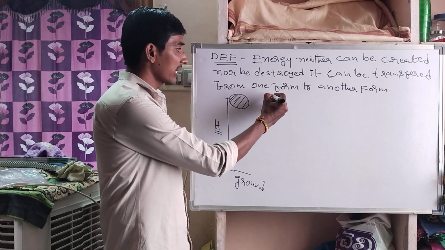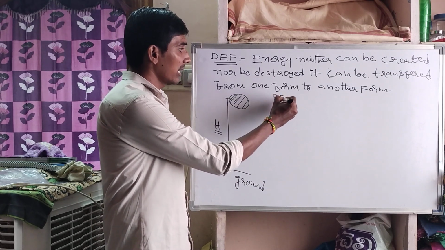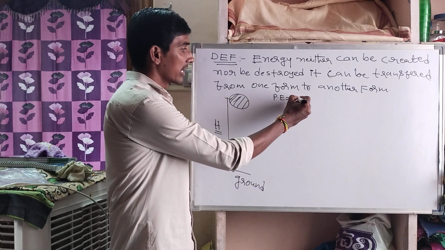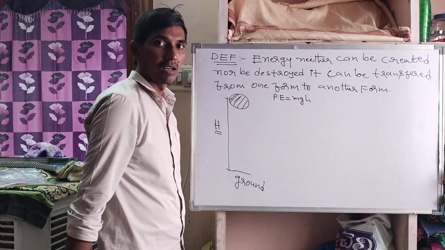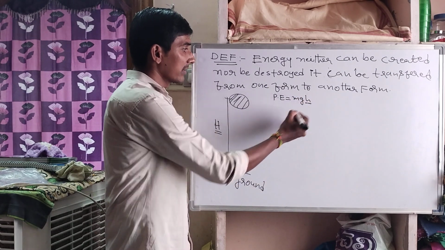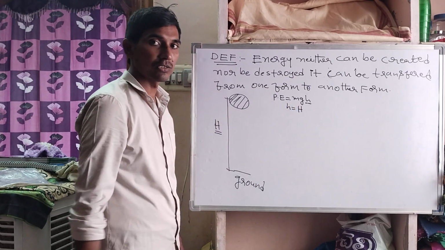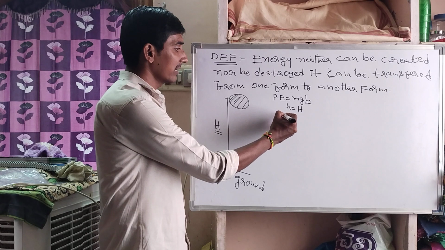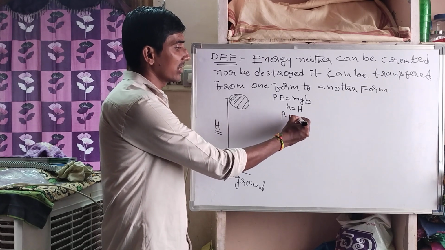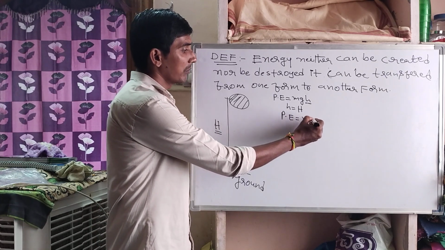The potential energy is equal to mgh, the formula. Here the height means capital H. So we substitute the height: potential energy is equal to mgH.